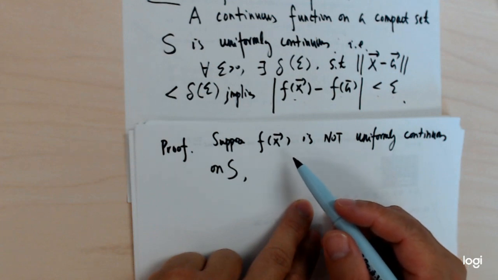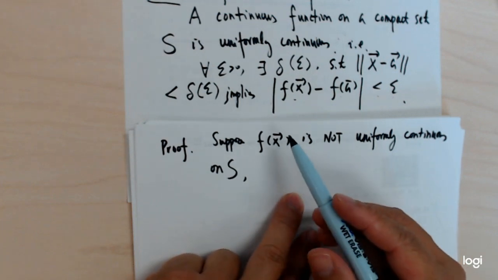If it is not uniformly continuous, let's think about what that means.